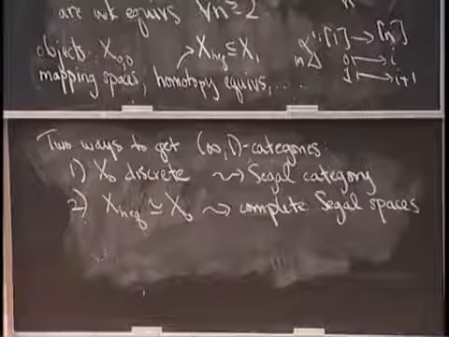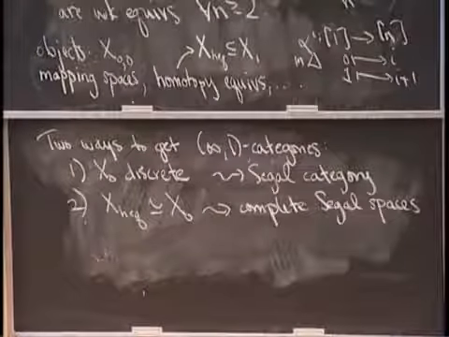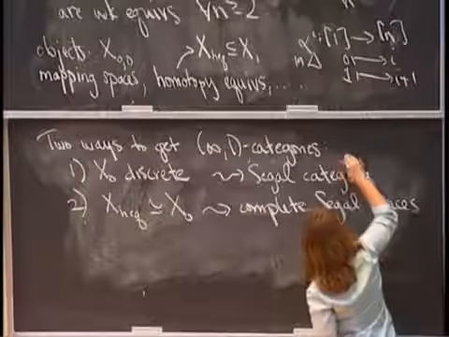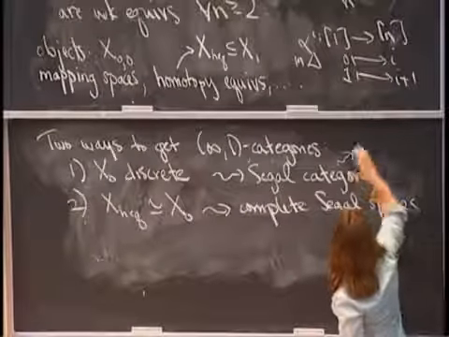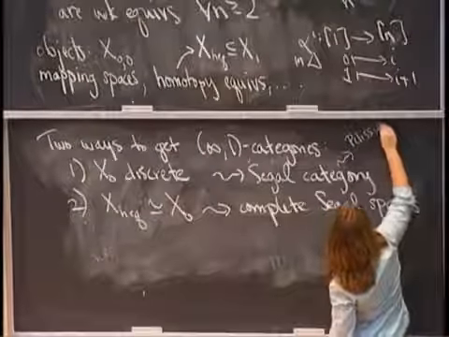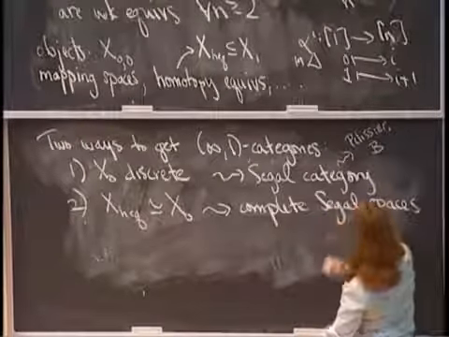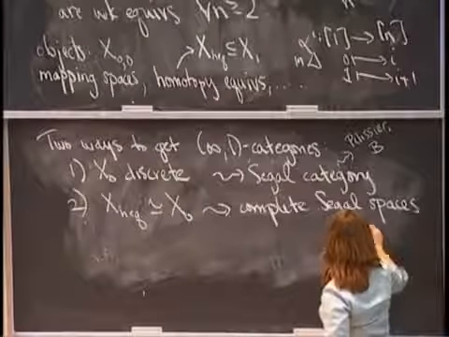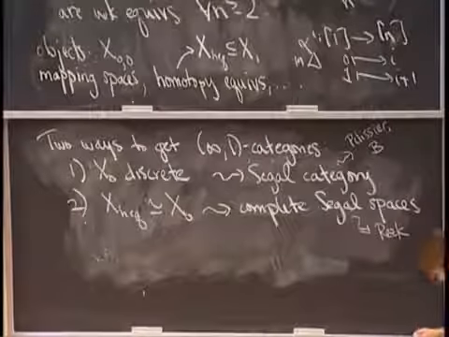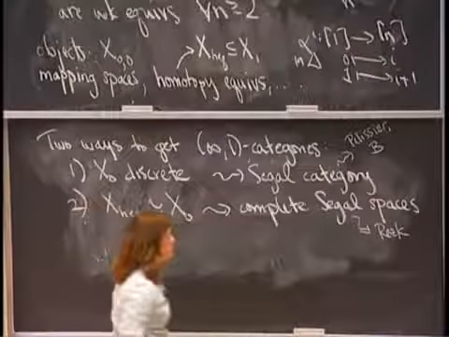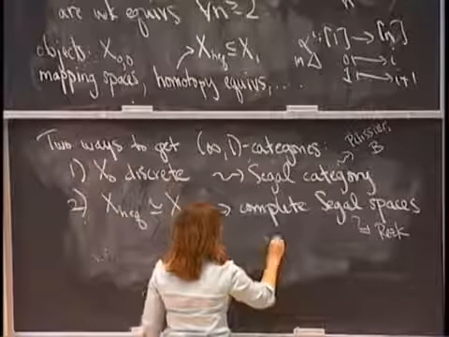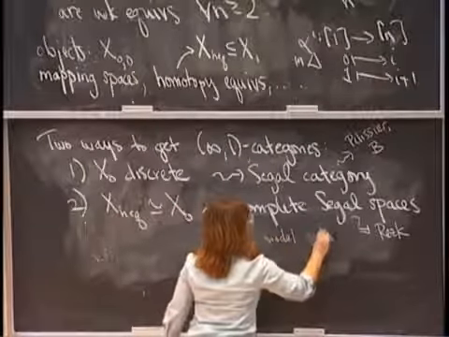Okay, and we actually have model categories for each of these. So in fact, there are two model categories for Segal categories. One was first due to Pellissier, and I gave another proof and another model structure. This model structure is due to Rezk. In fact, the whole definition of Segal spaces and complete Segal spaces are due to him. So in pink here, this is model categories.